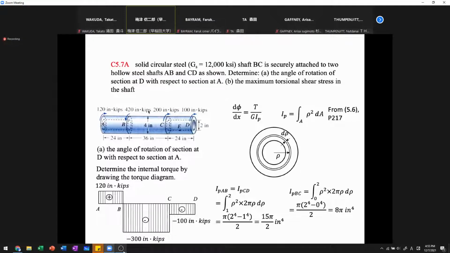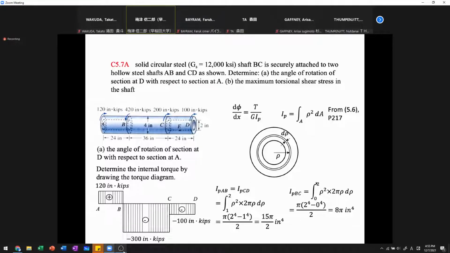The outer diameter is 4 inches, and the inner diameter of the hollow is 2 inches. So the radius is integrated from 1 to 2 for this structure, and for the BC structure, the center is 0 and the outer diameter is 2, and this is solid, so it must be integrated from 0 to 2.